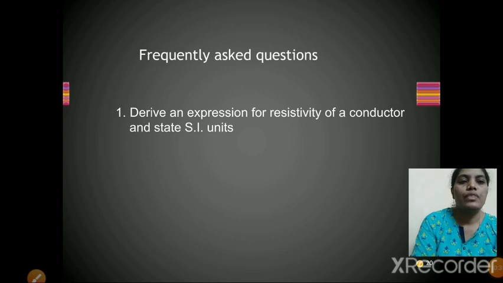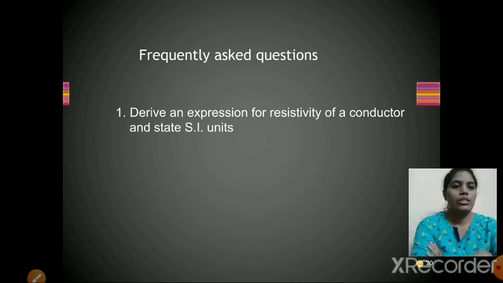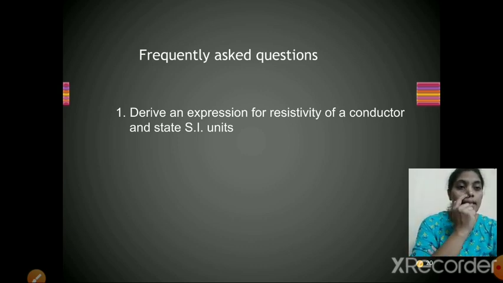Derive an expression for resistivity of a conductor and state its SI unit. So we derive an expression by using the relation between R and L, R and A, where L is length of the conductor and A is area of cross section of the conductor.